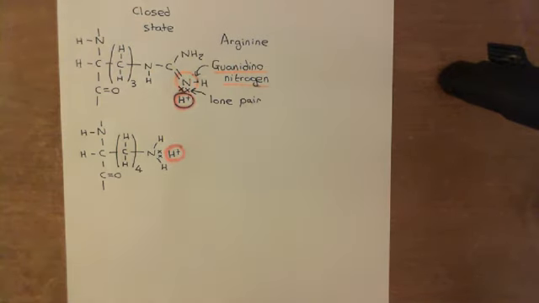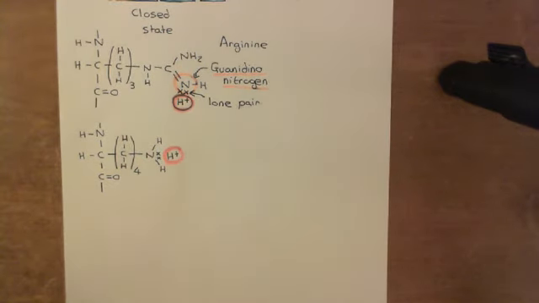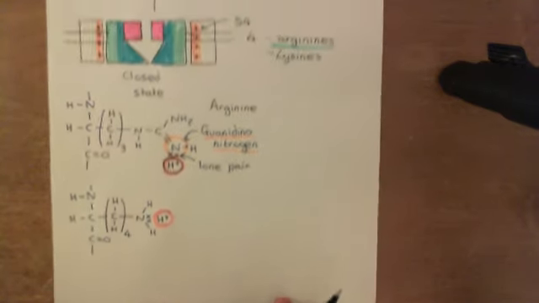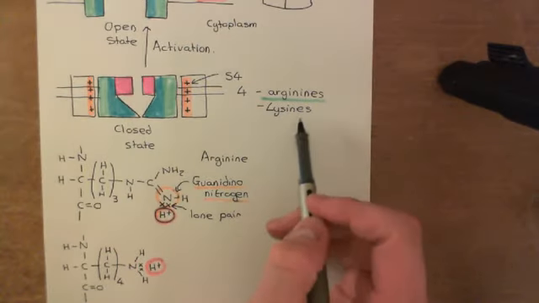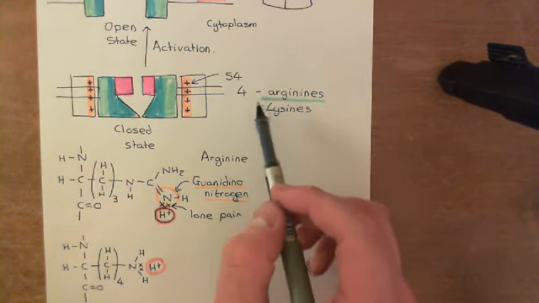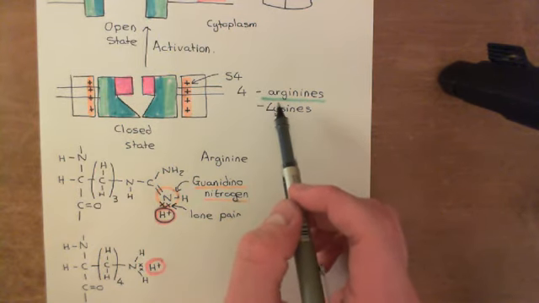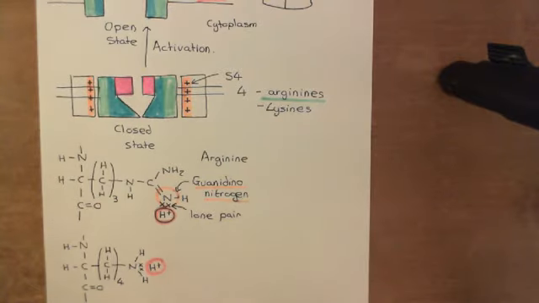So in these S4 helices within the alpha subunits of voltage-gated potassium channels, you always have 4 arginines or lysines, 4 positively charged amino acid residues. And you might be asking, well, why can't you tell me exactly which amino acids they are? Remember, we are talking broadly about 40 different types of alpha subunit here.